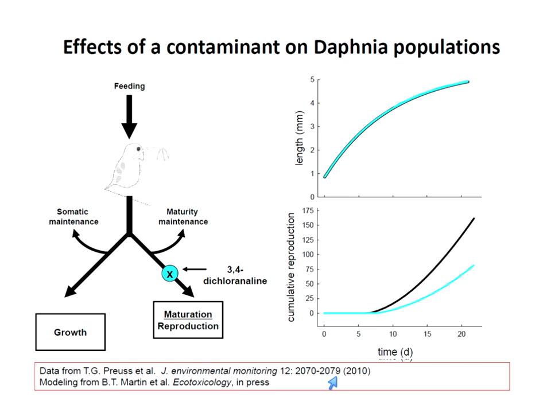The black curve is the control, the turquoise curve is what happens in the presence of the contaminant, and broadly speaking, there is no effect on growth of this particular stressor. Growth carries on at much the same rate as before, but there is an effect on reproduction. This is cumulative reproduction against time, and there is substantially less reproduction.